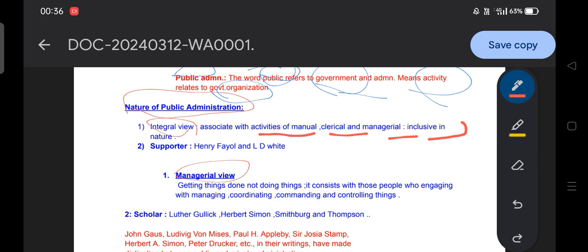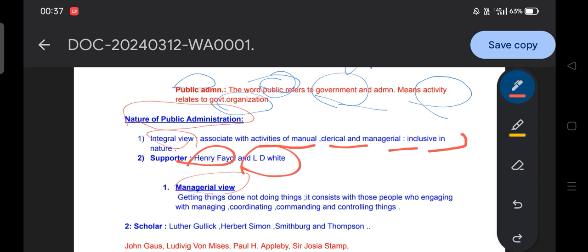That is an integral or inclusive approach: working by taking everyone along, giving importance to each and every person's work, even people doing very low jobs, like the rickshaw puller, including them also. That is the example here. So integral means including all. And who supports this idea? Henri Fayol and L.D. White. They are the scholars belonging to the integral view. Hope you understand.